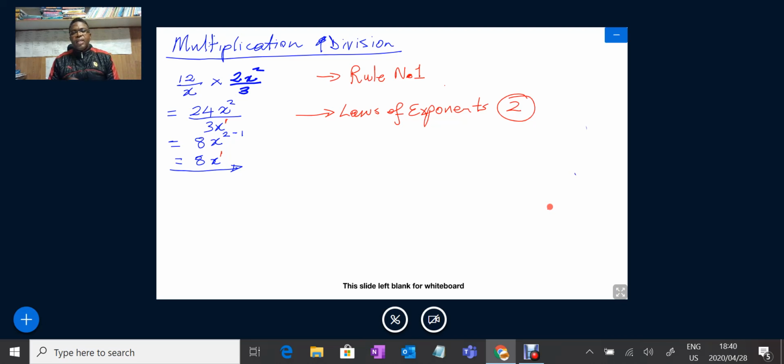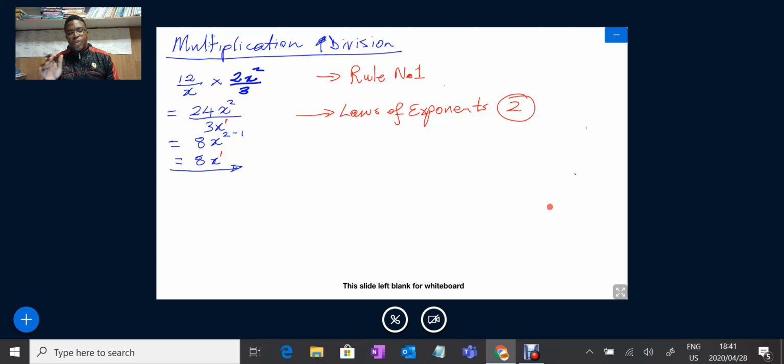What have we learned out of this problem? The first thing is to be able to identify which set of rules are applicable in a given problem. If you can't identify the set of rules that are applicable in a given problem, there is nothing that you can do.